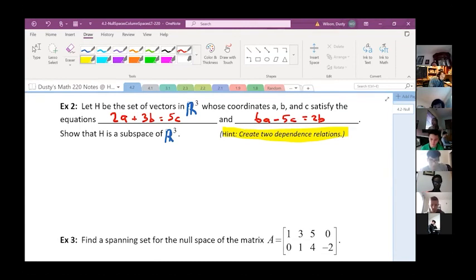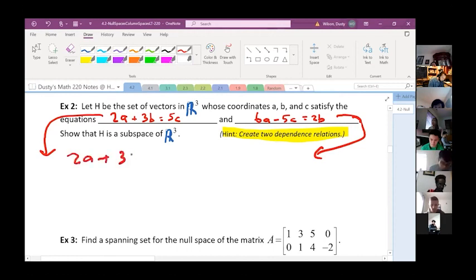Let's create these two dependence relations. What I'm going to do to start with is take these two statements and write them in a more standard form. So I could have 2a plus 3b minus 5c equals 0, and also 6a minus 2b minus 5c equals 0.